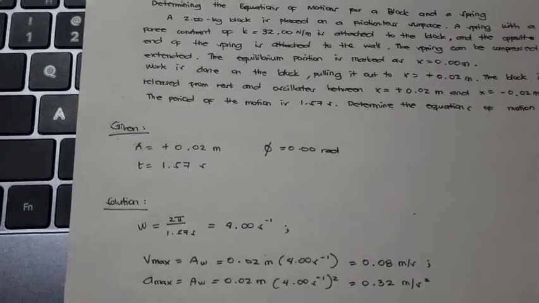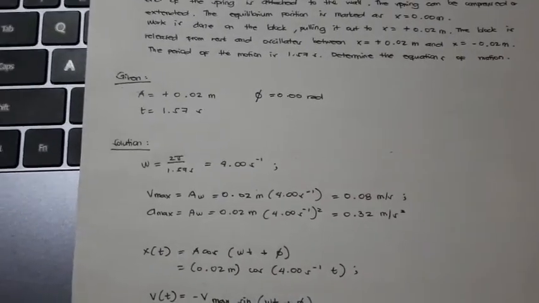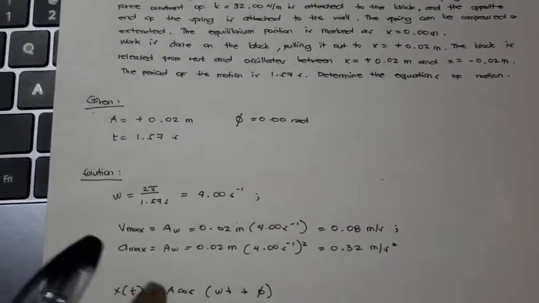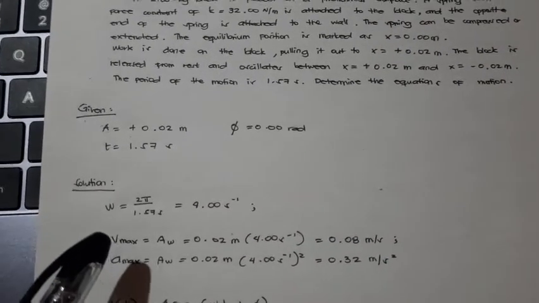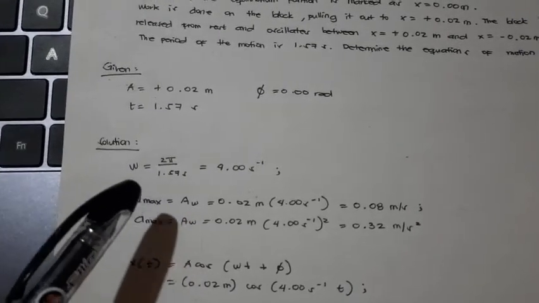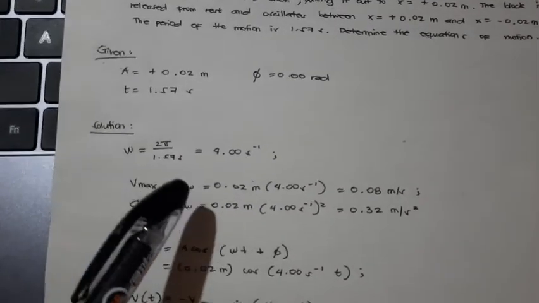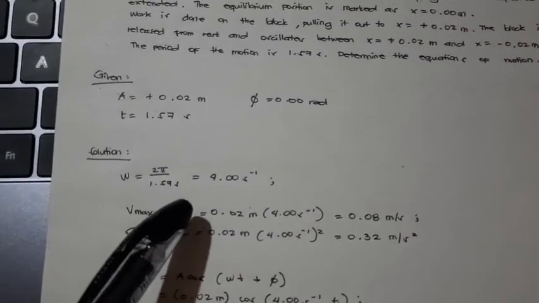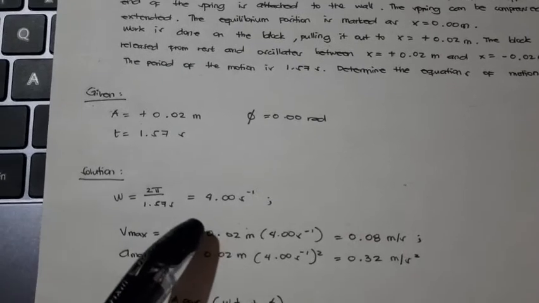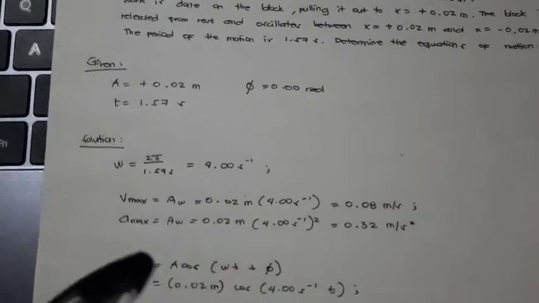0.00 rad. So in order to find the equation, we need to find the angular frequency first. The angular frequency equals 2 pi over the period, which is 1.57 seconds, which gives an answer of 4.00 second raised to the negative 1 power.